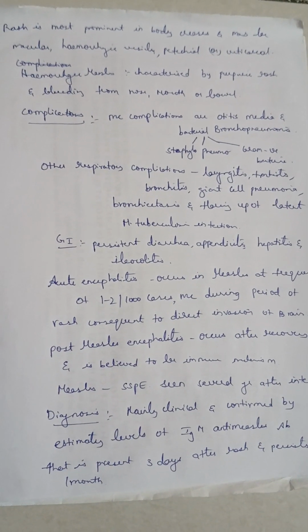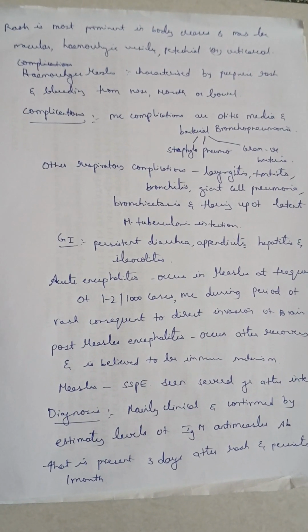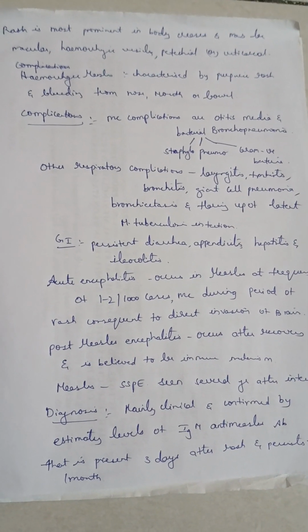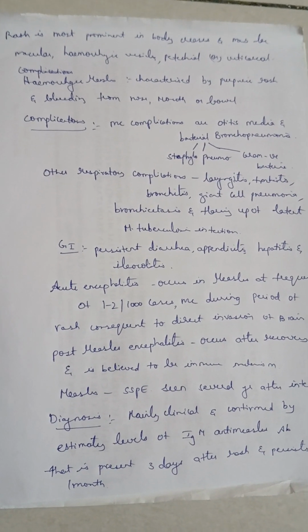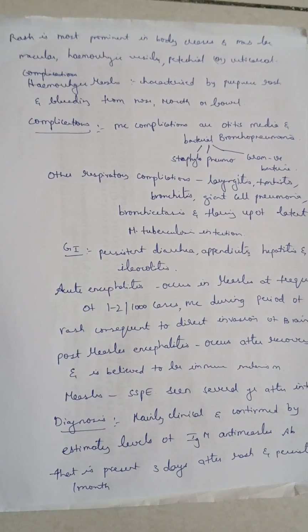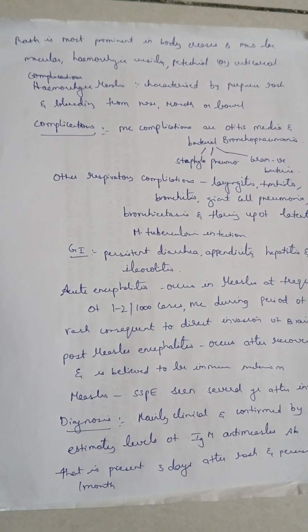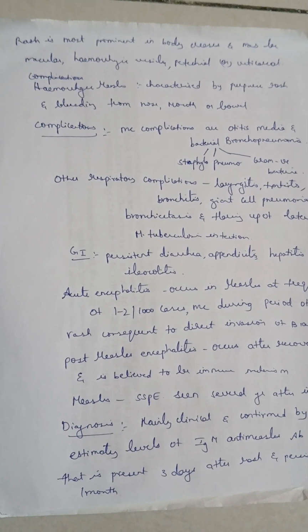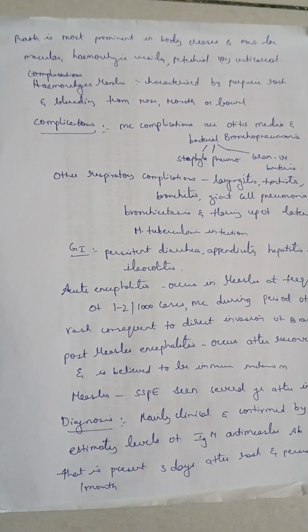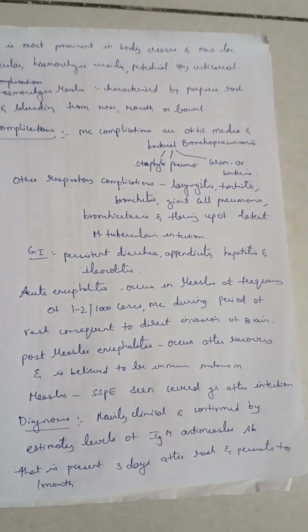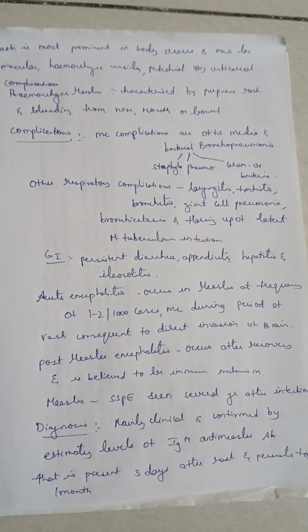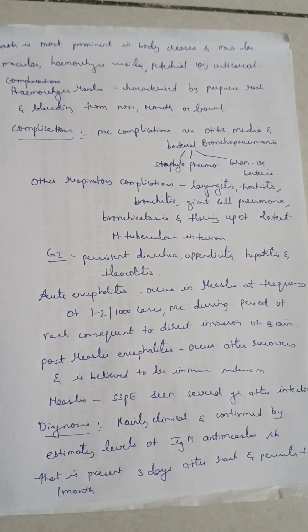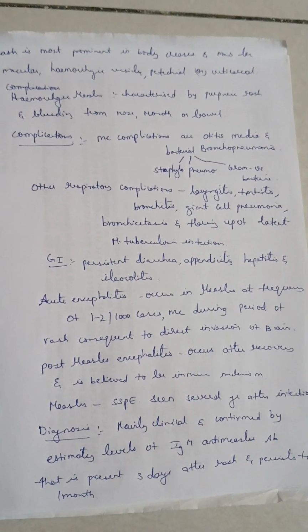Next, coming to the complications, the most common complications we see in measles are otitis media and bacterial bronchopneumonia. The common bacterial pathogens which attack a measles affected individual are staphylococcus, pneumococcus and gram-negative bacteria. Other respiratory complications we see are laryngitis, tracheitis, bronchitis, giant cell pneumonia, bronchiectasis and flaring up of latent mycobacterial tuberculosis infection.